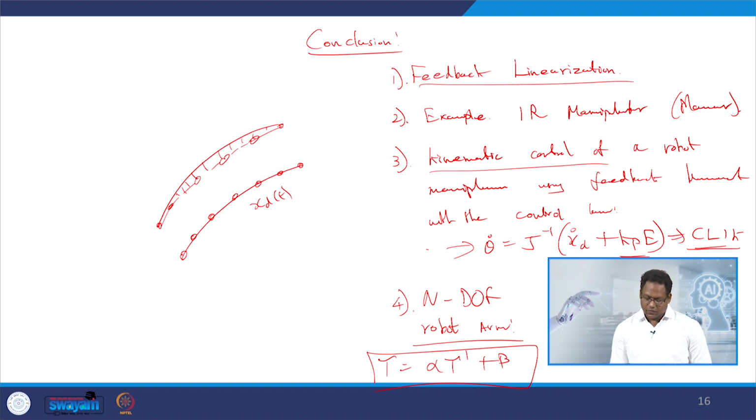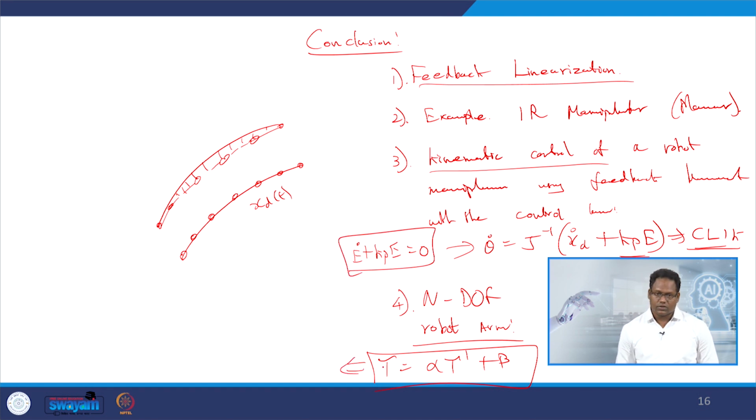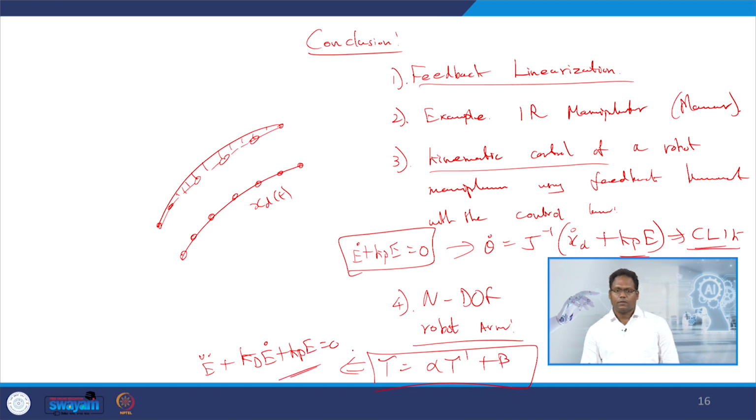As I mentioned, for the kinematic control, we had e dot plus Kp e equal to 0, a first order error dynamic equation. For the dynamic model based control with feedback linearization, we eventually ended up with a second order error dynamic equation. That is the difference between applying feedback linearization for kinematic model based control and dynamic model based control of a robotic system.